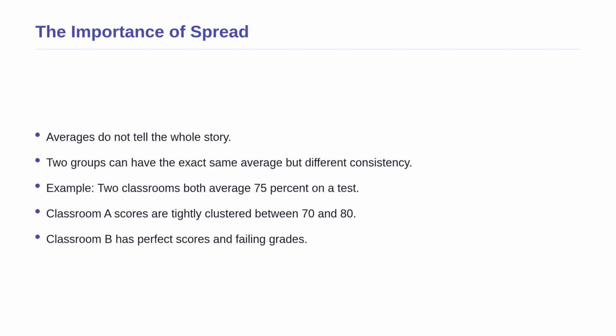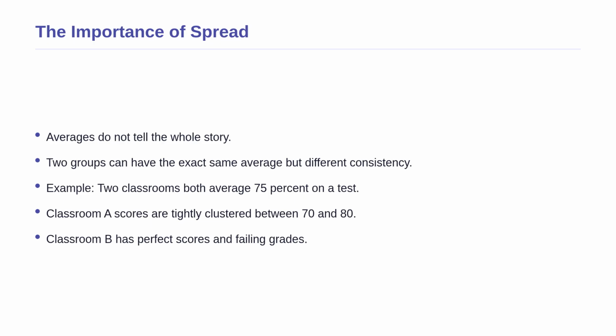To begin our journey, we must first understand why we care about the spread of data. Imagine you are a teacher looking at two different classrooms. Both classrooms have an average test score of exactly 75%. At first glance, they seem identical.